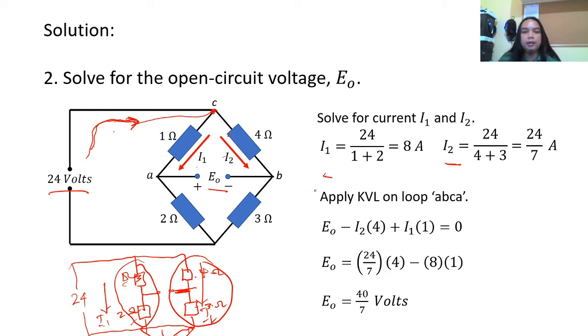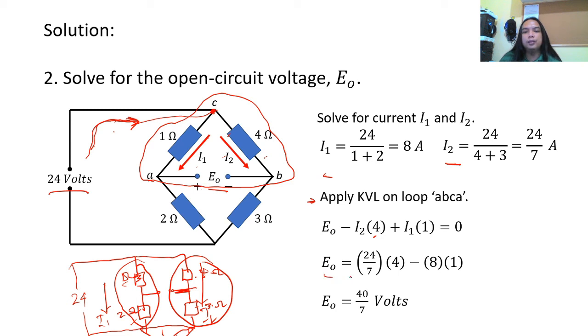Now, if we go back to our circuit, we apply KVL, Kirchhoff's voltage law, on the loop A, B, C, and E, A. So EO minus I2 times 4, because that's the voltage drop there, plus I1 times 1 equals 0.